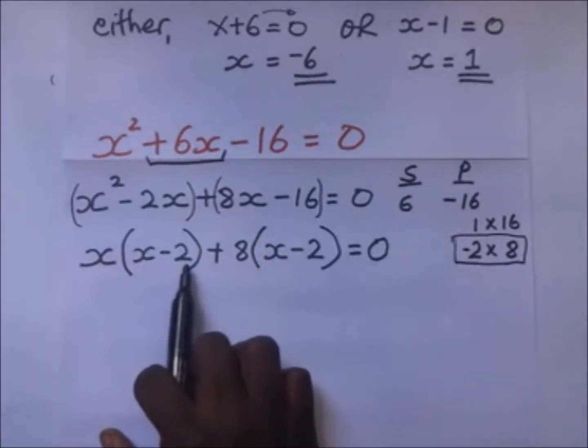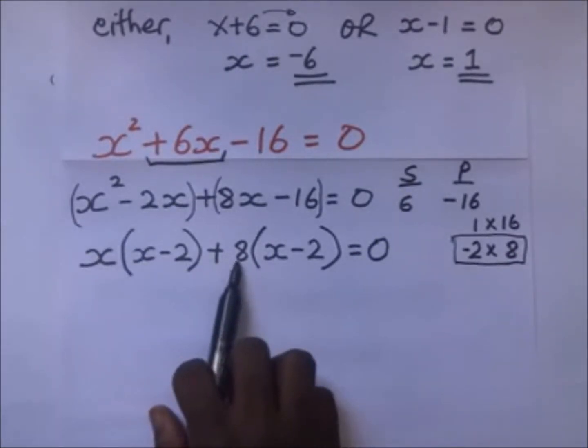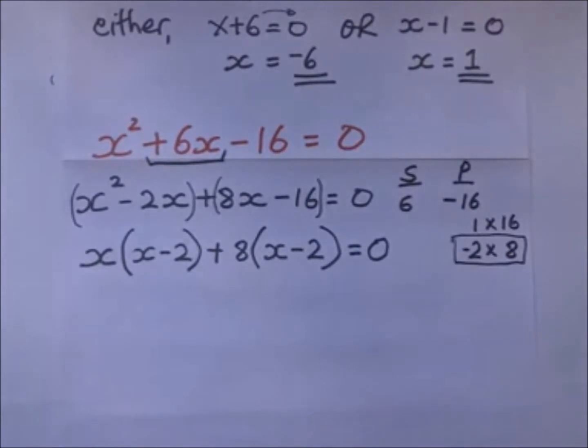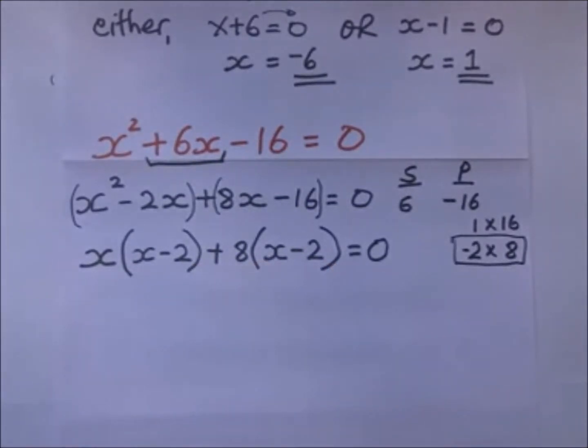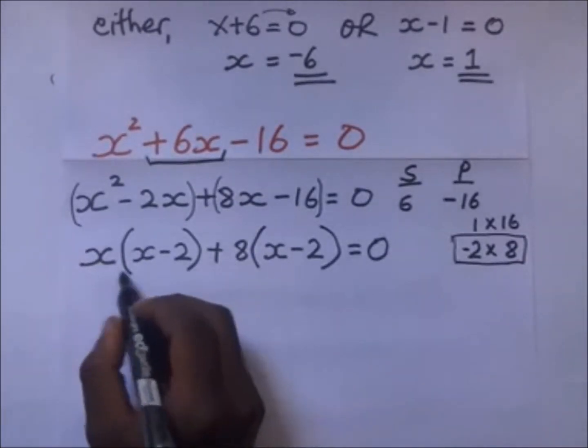So x into x minus 2 plus 8 into x minus 2 is equal to 0. You realize that the terms that are inside the brackets are the same. And so what we do, we put the terms outside the brackets in their own bracket.